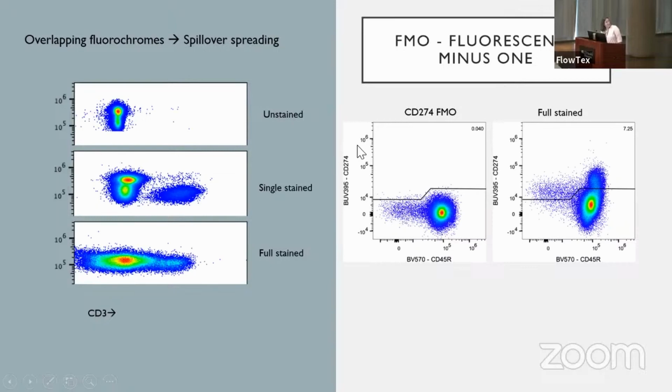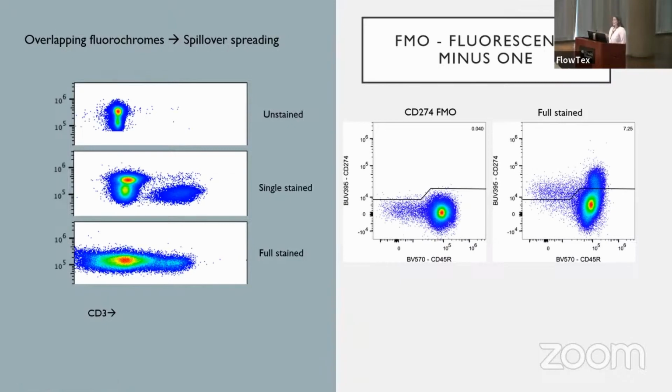So when we go to look at, I think this is PDL1 on this axis right here, you can see that if I just use these cells here that had all the co-expression and I drew this straight across, I would be actually cutting quite a few of the positive PDL1 positive cells out of my calculation for this population over here that did not have so much spillover spreading.